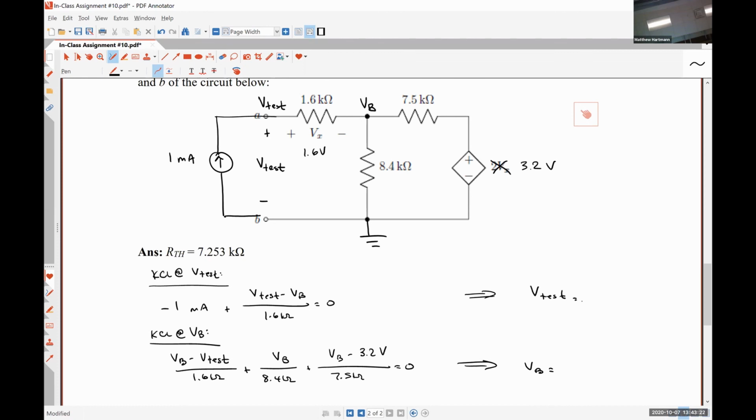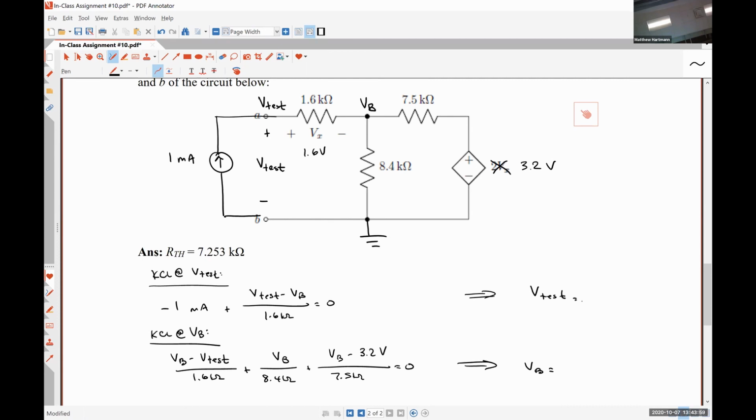All right, so solving this system of equations. Two equations, two unknowns. V-test is my first variable, so I have a coefficient of 1 over 1600 for V-test, and -1 over 1600 for VB. When I move my constant 1 milliamp over to the right-hand side, I'm going to have 0.001. I'm putting things in terms of amps as opposed to milliamps, and ohms as opposed to kiloohms, so that my units come out to be volts because I'm looking for voltages.